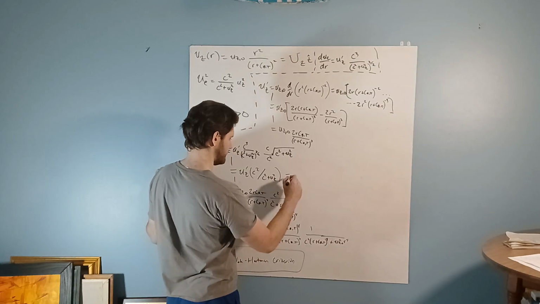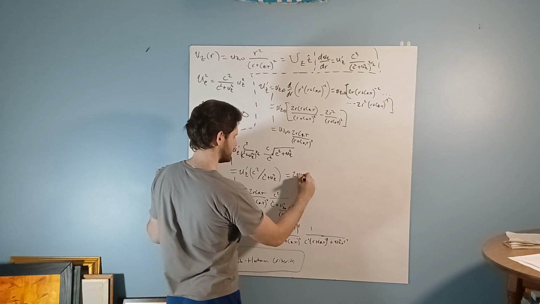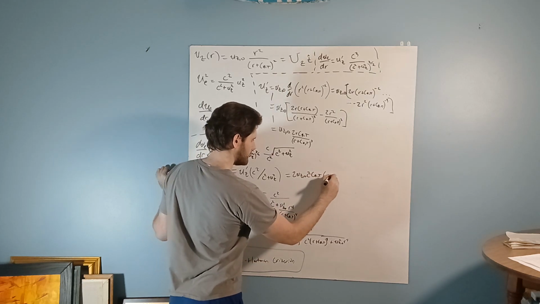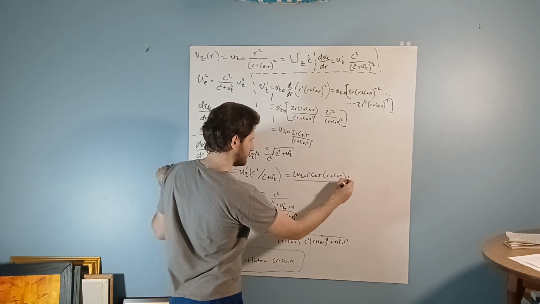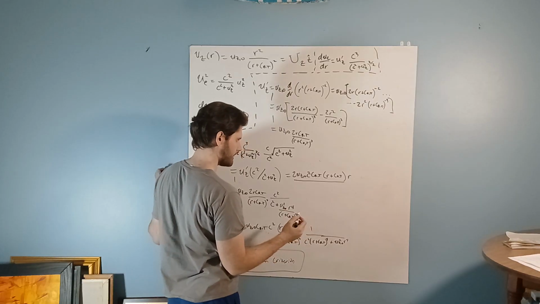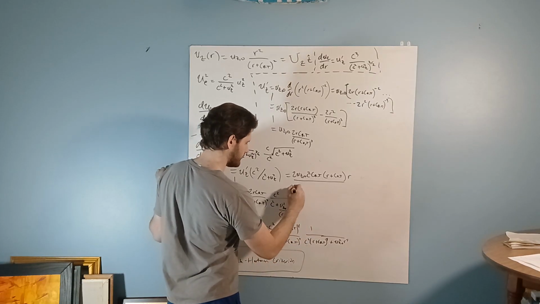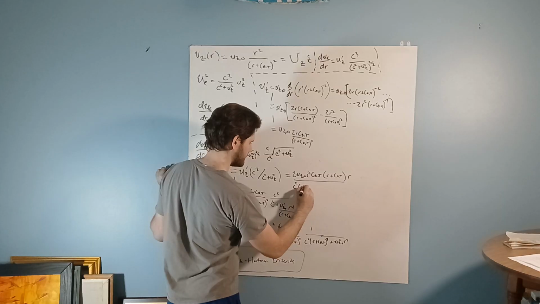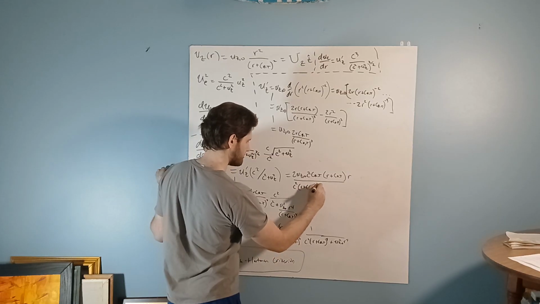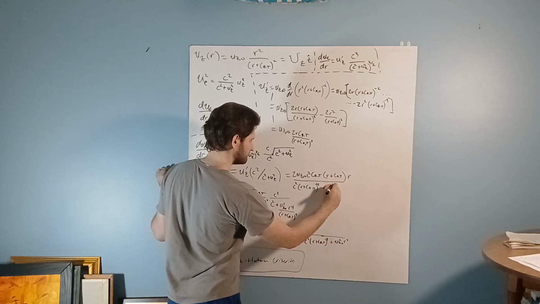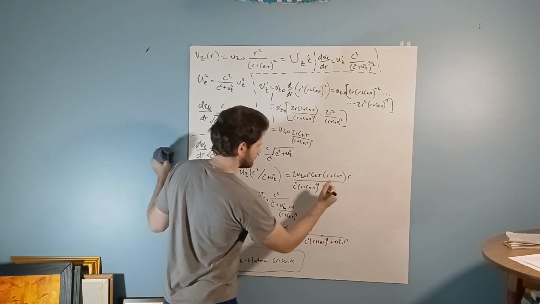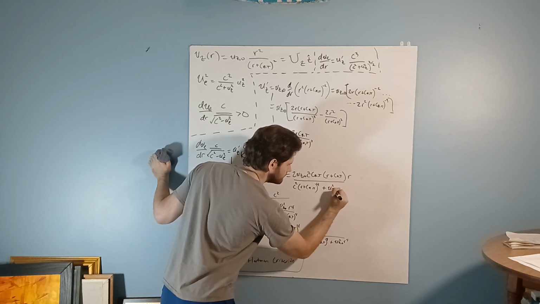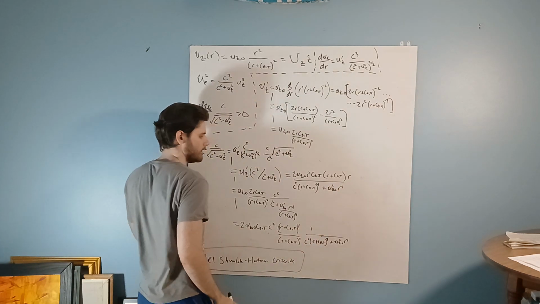So let's just go back up here. And there should be an R as well. Don't forget that R. And then on the bottom, we're going to have a c squared, okay?